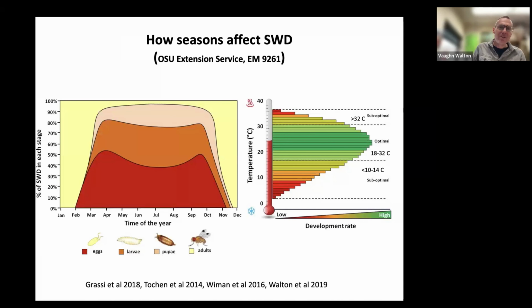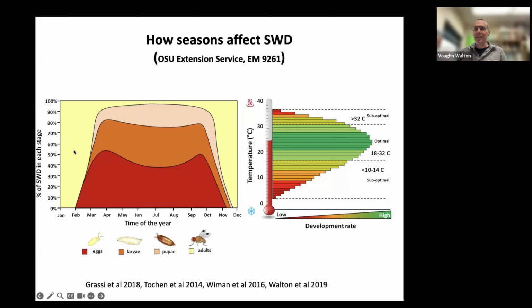Just another informational slide. This is also one of those OSU extension documents, 9261. This graph on the left-hand side explains the structure of the insect population. Yellow are our adults.